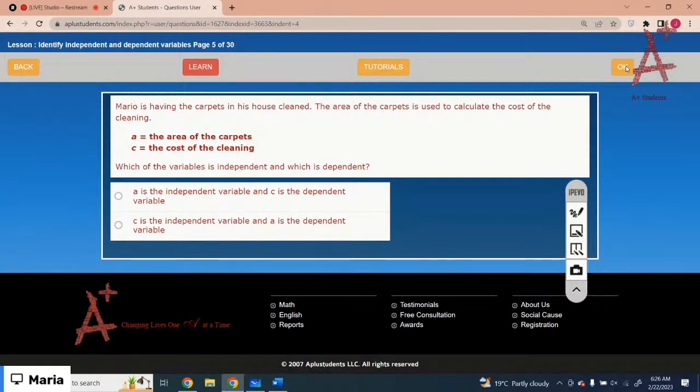Got it? So which is the correct option? Area is the independent and cost is the dependent. Got it? A is the independent variable and C is the dependent variable.